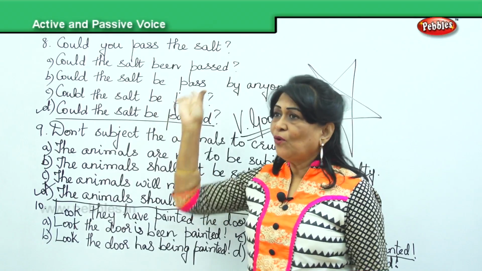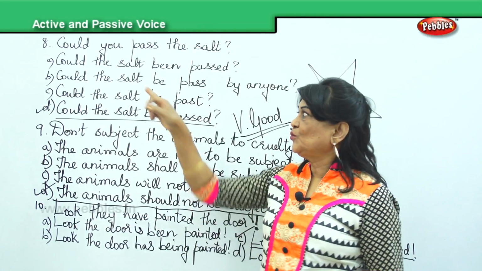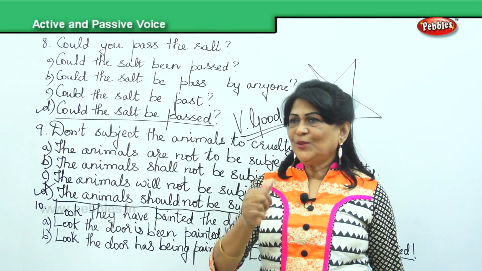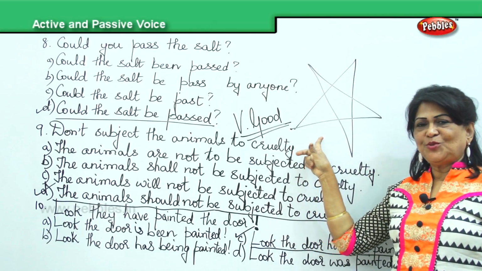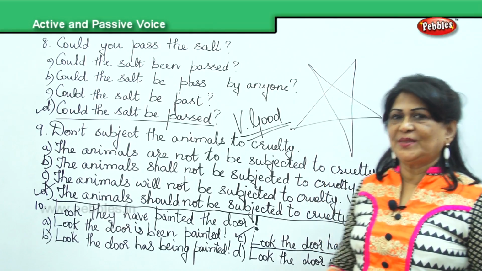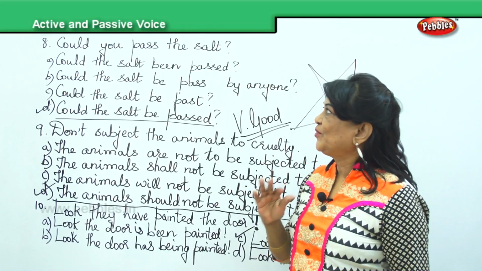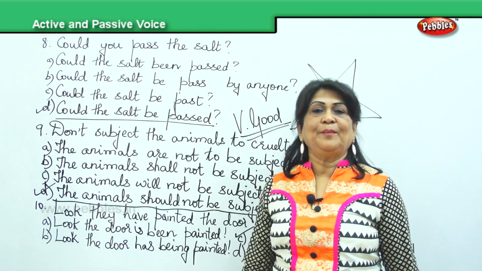We are giving you 4 options and giving you the test of choosing the right answer. If you are able to do that, you are definitely the superstar. I am sure you proved yourself a superstar now. Very good, and hats off to you. So you passed the active and passive voice.